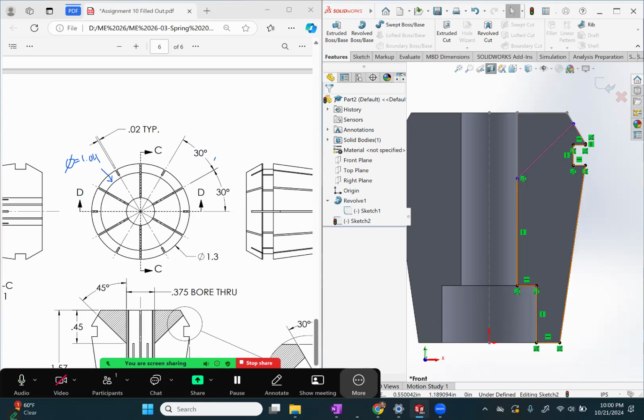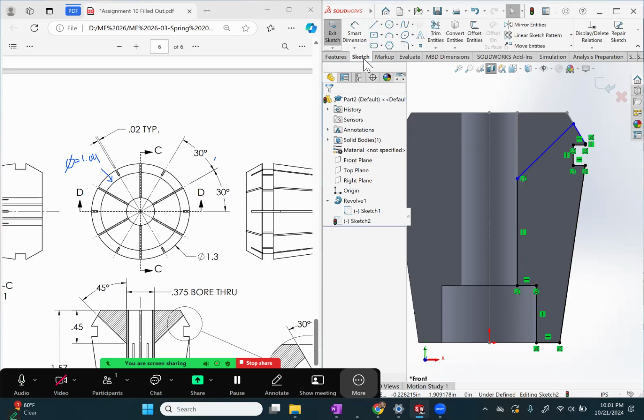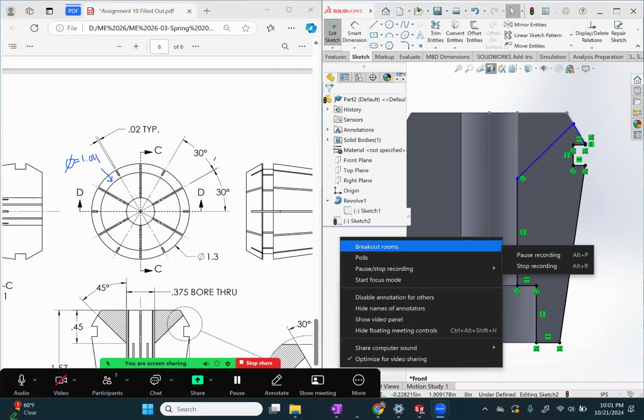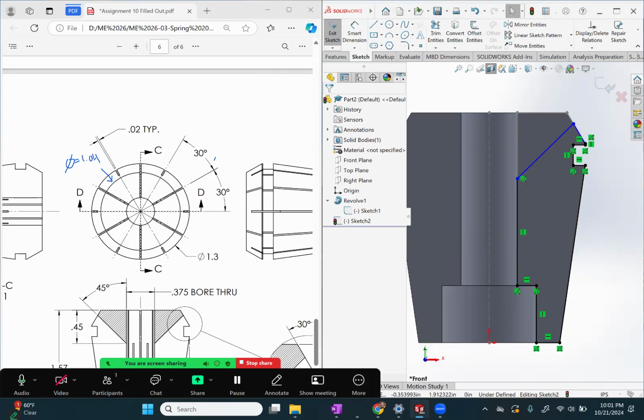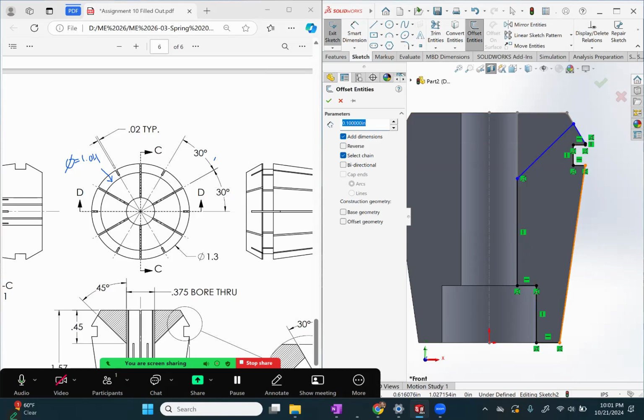So what I'm going to do is use my offset tool. Where is it? Features, sketch. I like to double check if I'm recording sometimes because I forget if I hit record. I'm going to offset these. Did it freeze? No. Wait.